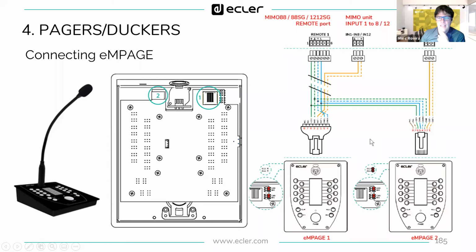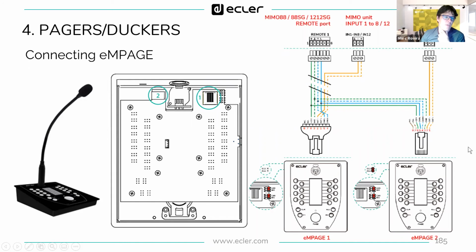Another thing is that you can connect several EM pages on one port, but remember that you may have to use a power supply for a second unit if the distance gets too long, okay?